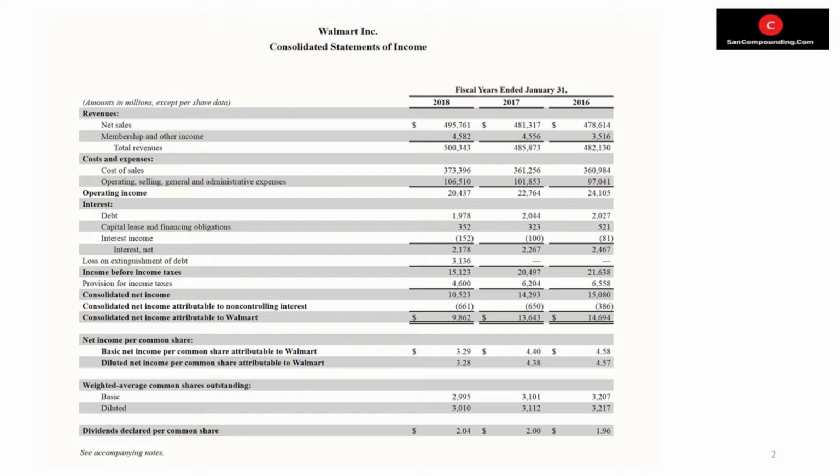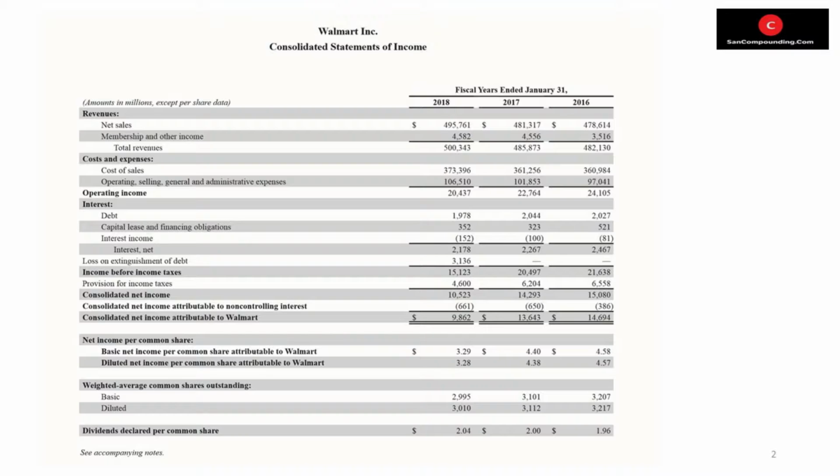And then comes the cost of expenses. So these are typical expenses to run the business. The topmost of the expenses is the cost of sales or cost of goods. They call it in industry terms COGS, and here it is $373 billion approximately. And when you subtract this cost of sales, the next step is to subtract the operating expenses.